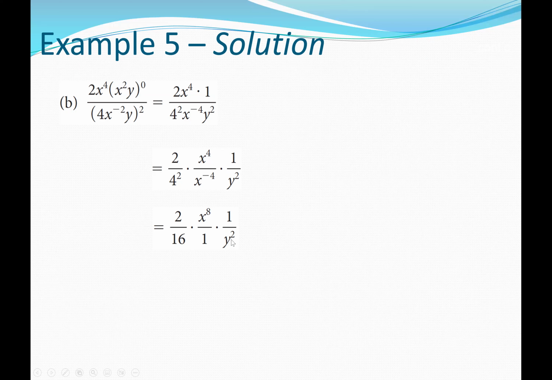And y is squared, the exponent is positive, so we leave it. So our final answer will be 2 times x to the power 8 divided by 16 y squared. Then 2 can go into 16, that is 8, so we get 8 in the denominator, and the 2 will be cancelled. So our answer will be x to the power 8 divided by 8 times y squared.